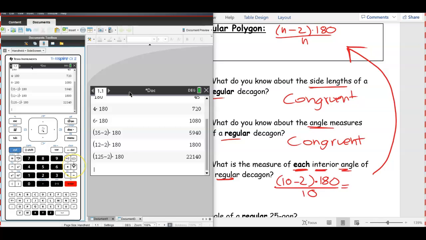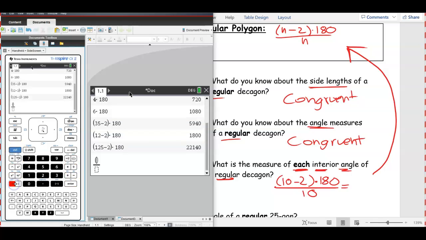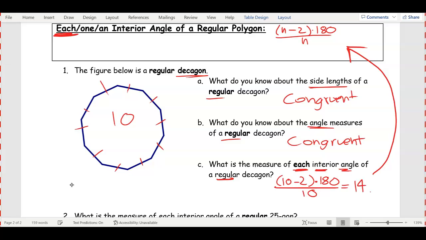Control divide. Hit enter and you get 144. That means each and every interior angle of this decagon is 144 all the way around.